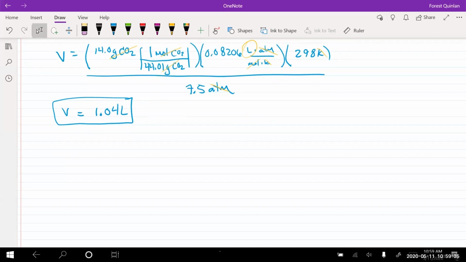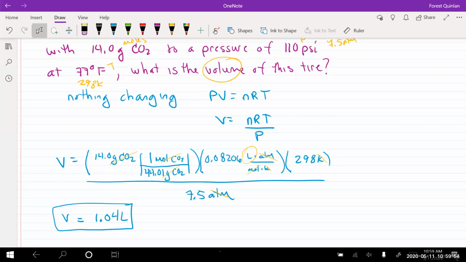That one, with the PV equals nRT, those are like plug and chugs. Do you think you'll do tricky stuff? Like I just said, I'm not gonna do anything like that. The closest to tricky you're gonna have is Celsius to Kelvin. I'm not going to do the 110 PSI and the 77 Fahrenheit. That's not the point.